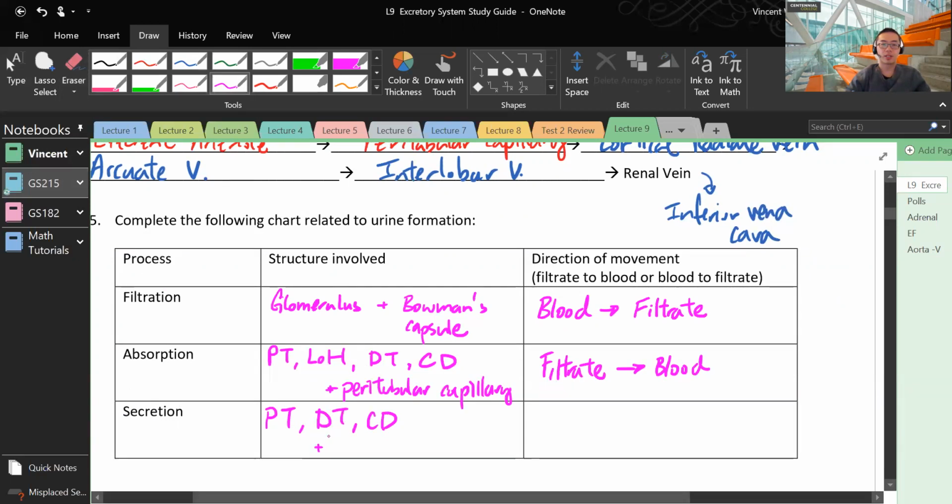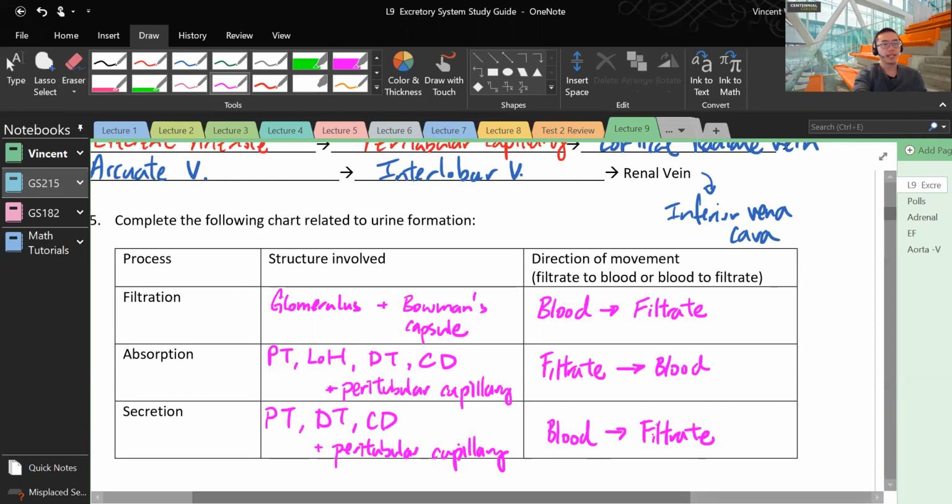And the stuff is going to be coming from the blood in the peritubular capillary. Okay, so from blood to filtrate. All right. That is that.